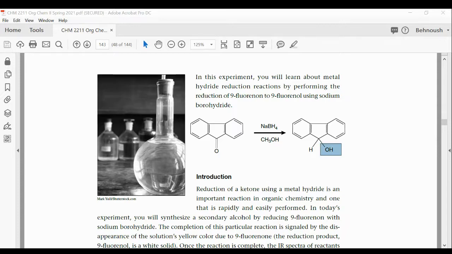The week after, we're doing experiments 17 and 18. For experiments 17 and 18, I want you to look at the instructions for the lab notebook assignment. You don't need to write the procedure.